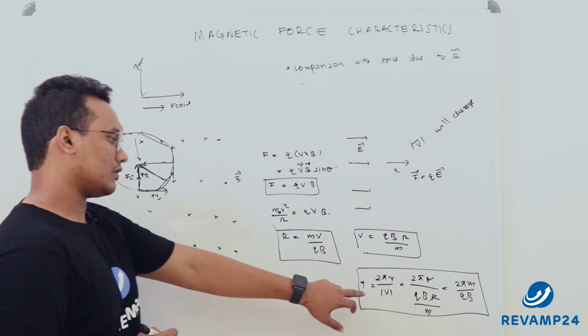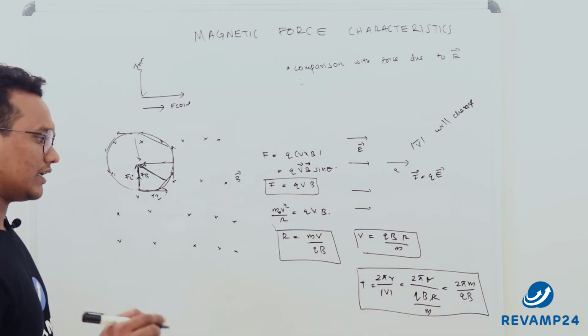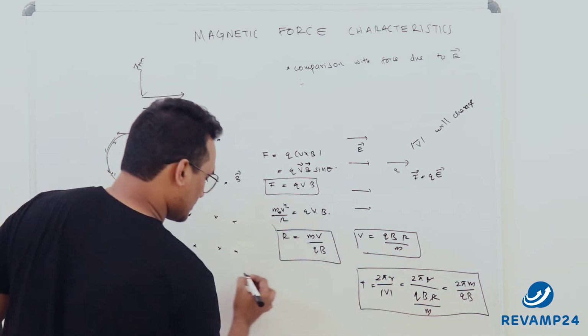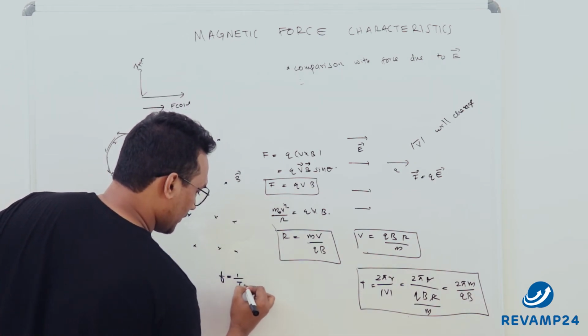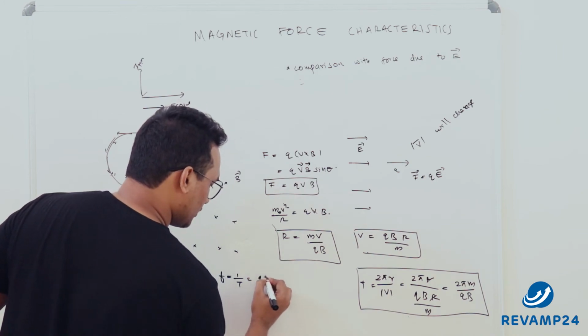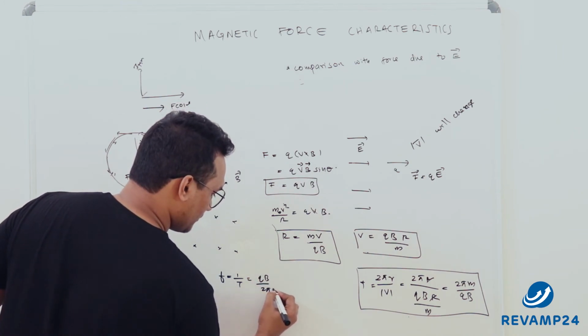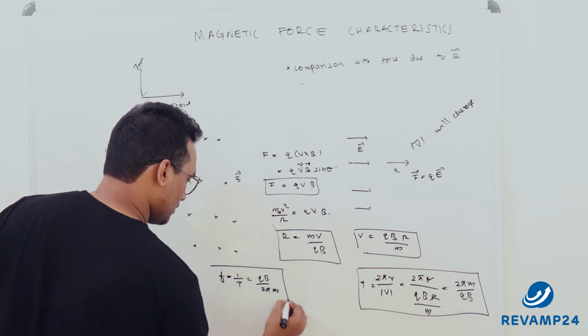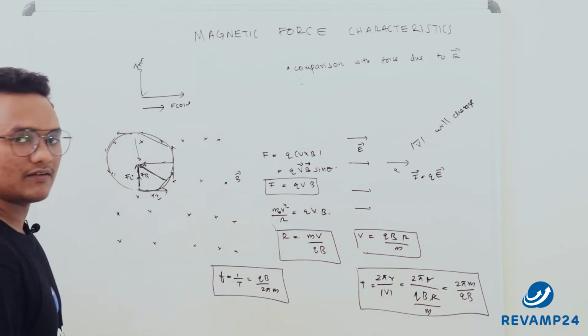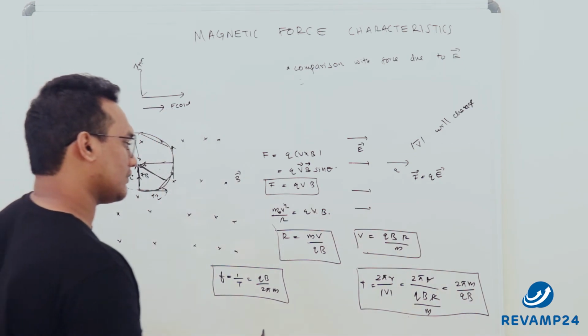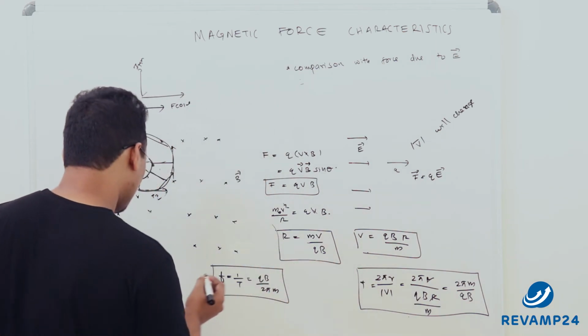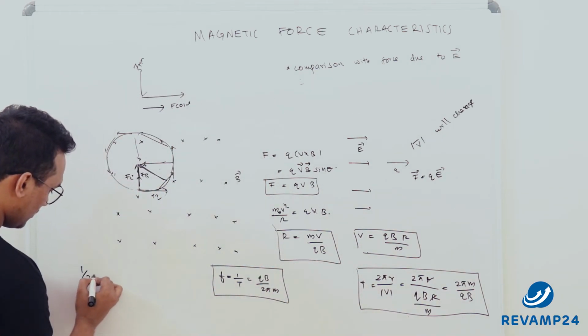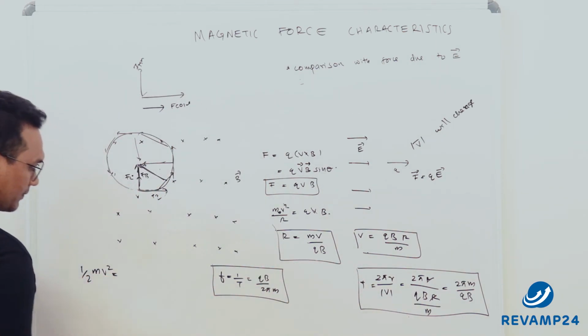Now if you get the value of the time period, how will you get the value of frequency? Frequency is equal to 1 by time period. So the value will be qB by 2 pi m, just the inverse of this. Now how to get the value of kinetic energy? You can get it with the equation half mv square.